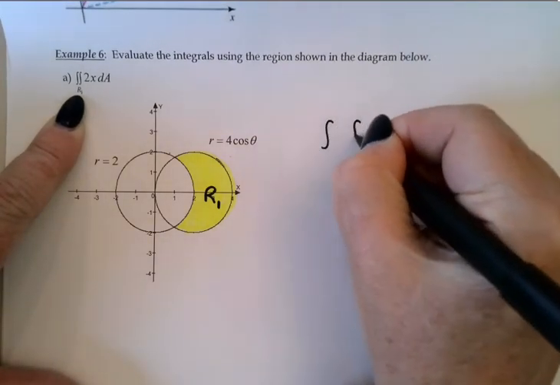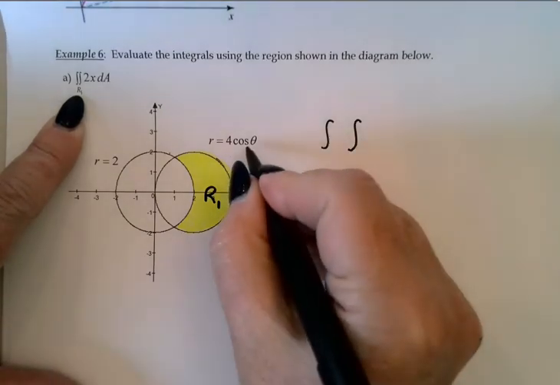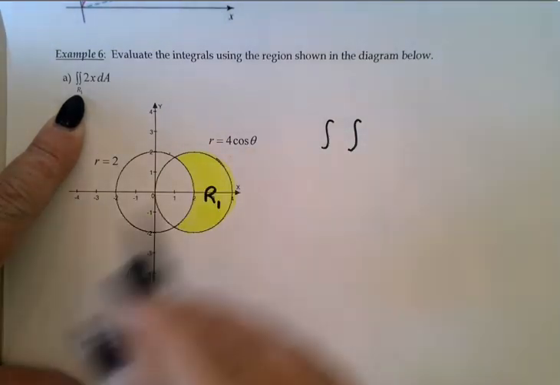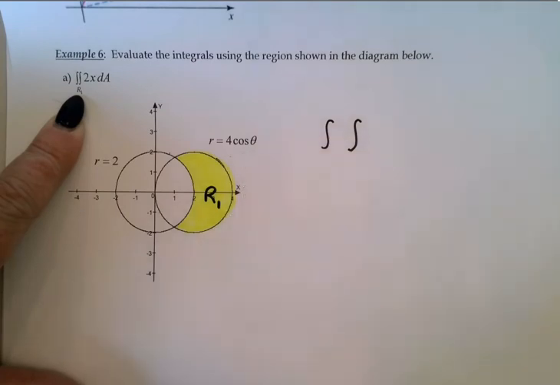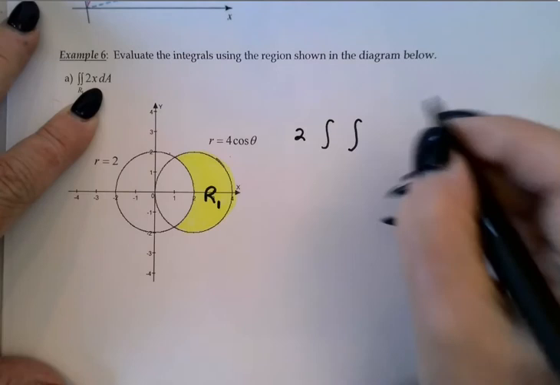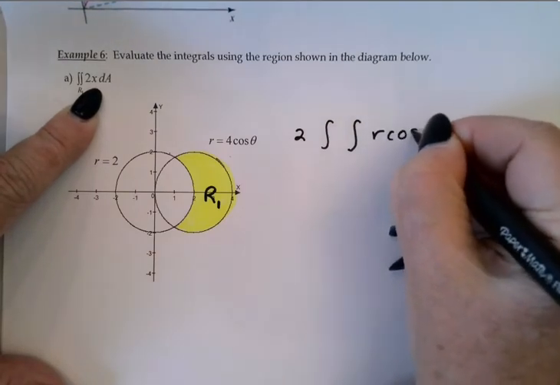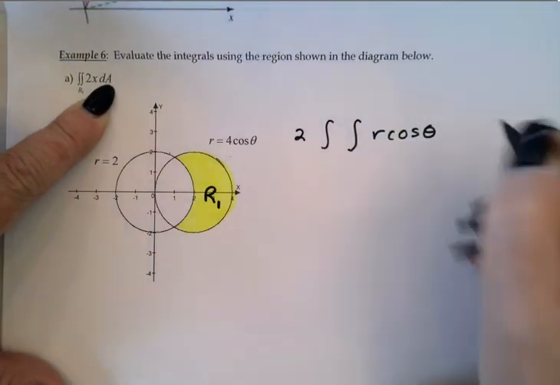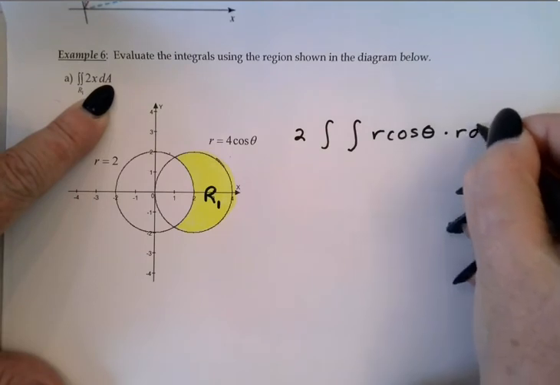I'm going to set up my integral. My equations are already in polar coordinates here, so I definitely want to do this in polar. So let's write this as, pull the 2 out here, r cos theta for x, and then the dA, r dr d theta.